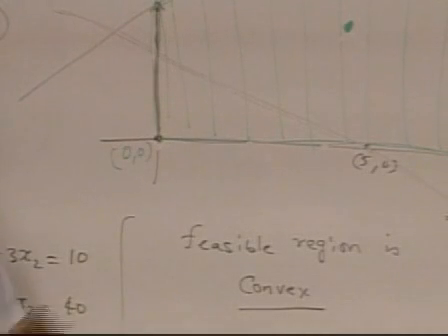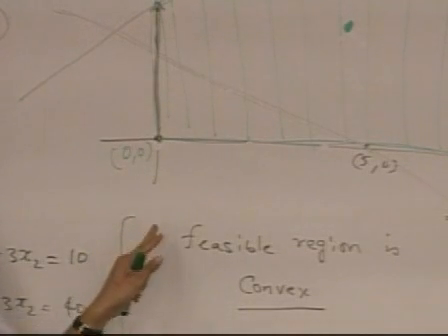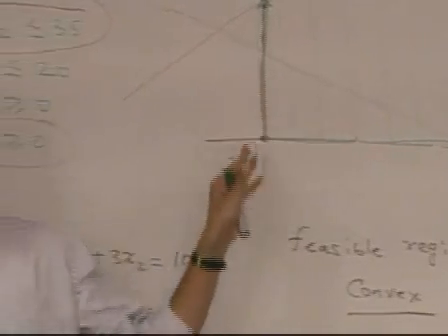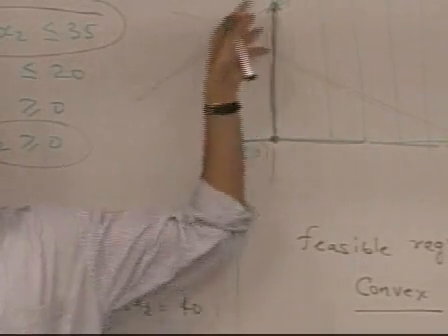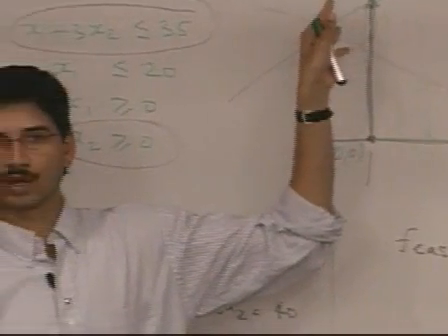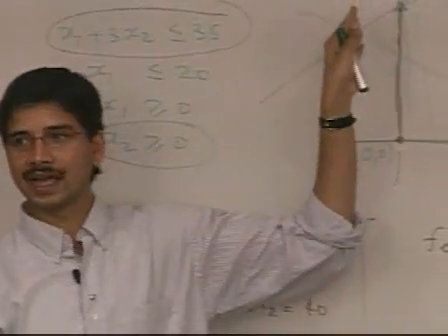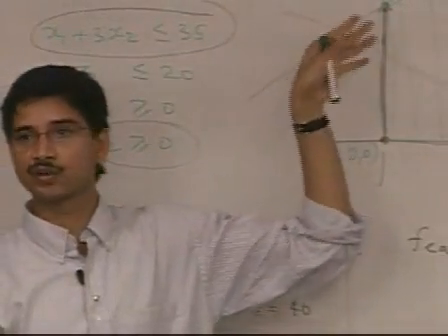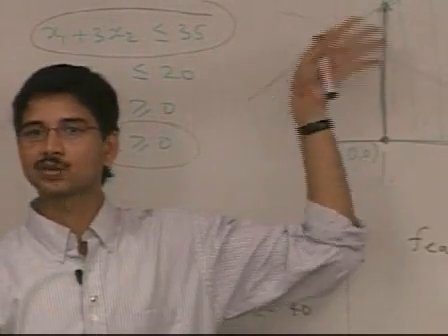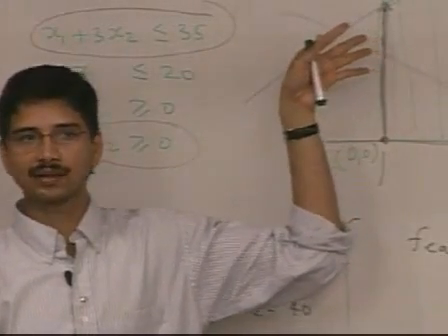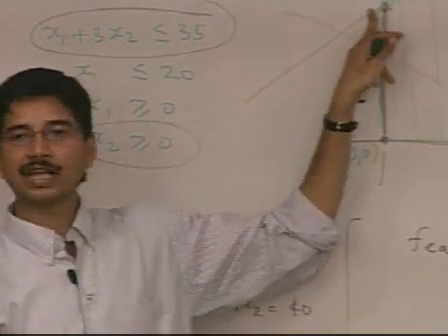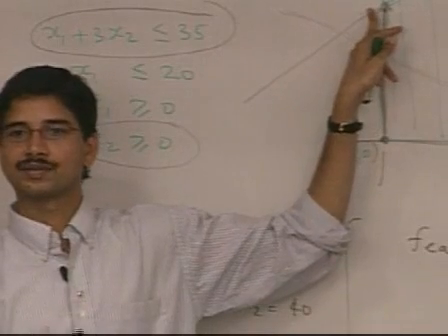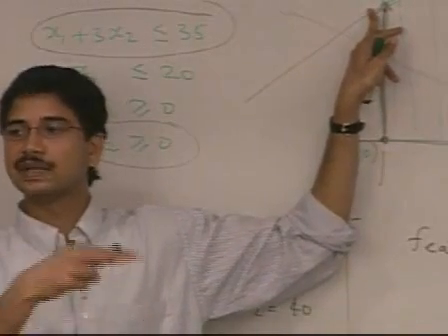Now notice that if you start at a corner and you go in a certain direction, you're going to go all the way in that direction until you exit the region, because going any further would cause you to leave the feasible region. That's why you stop there. So if you stop, that means some other variable has dropped to 0, because that's what it means to leave the feasible region.